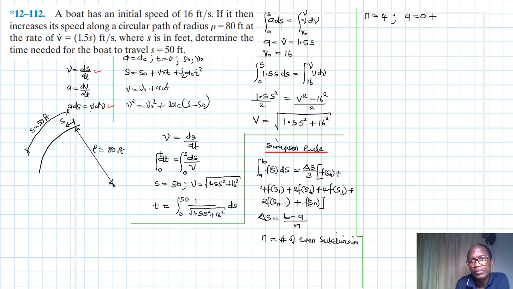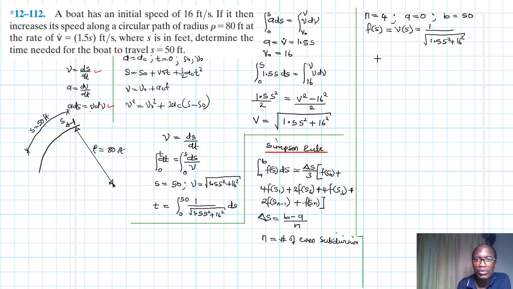All right, and then we have our a equal to 0 and our b equal to 50. And our function itself is 1 divided by root of (1.5 s squared plus 16 squared).